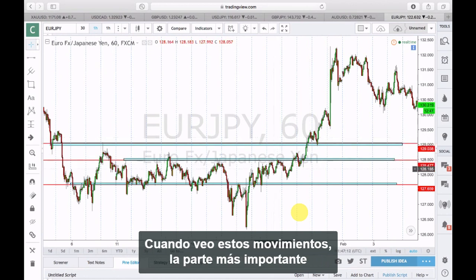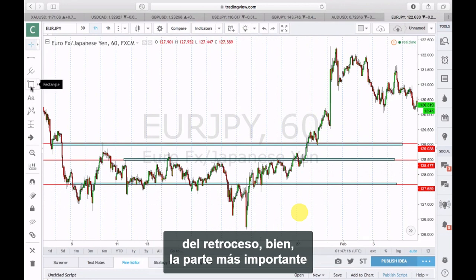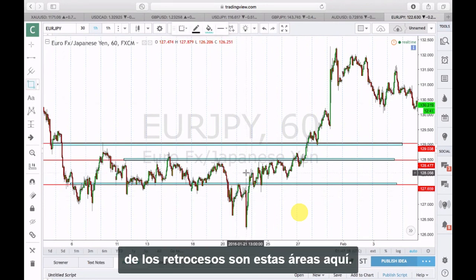When I see these movements, the most important part of the pullback is these areas right here.